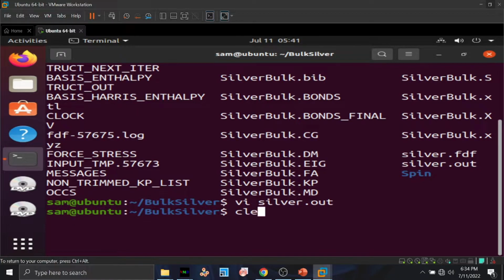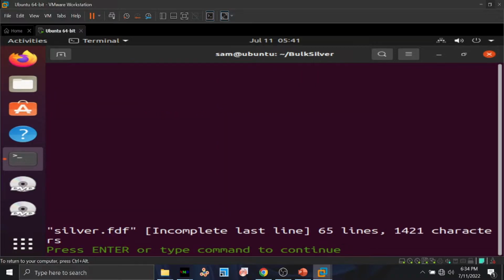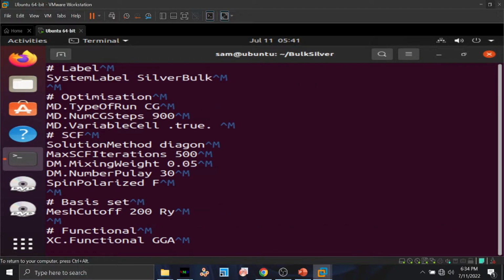And here you can see what kind of files it created. So you see a number of files it created. Those are the output files which we mentioned in the input file. So look here. This is our system level, silver bulk.